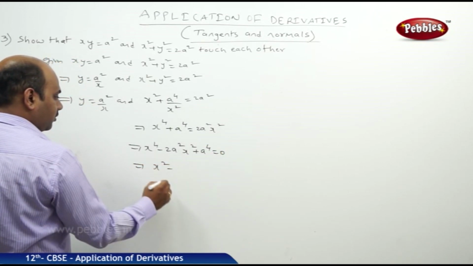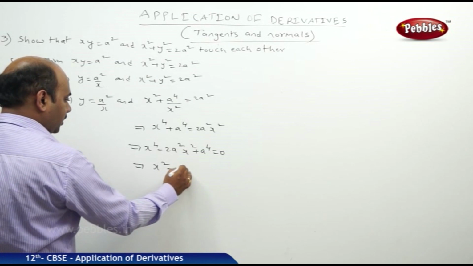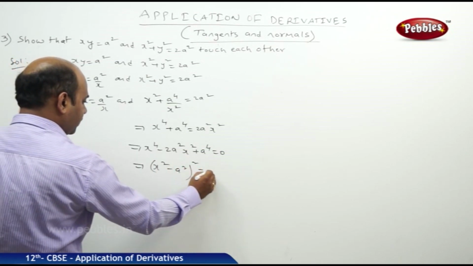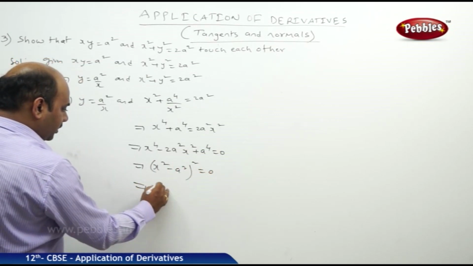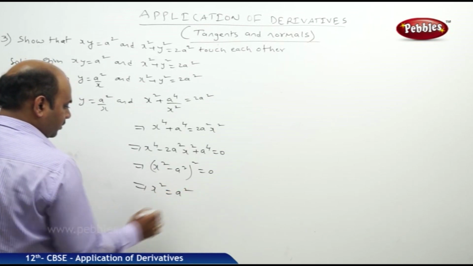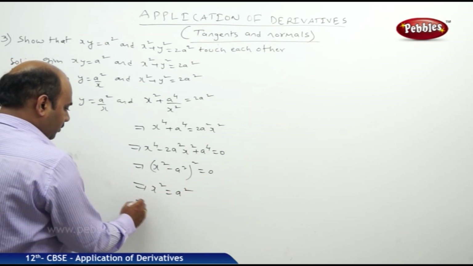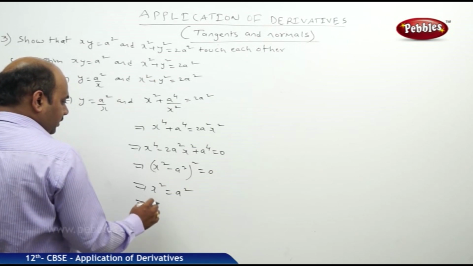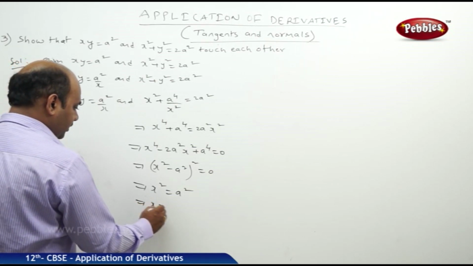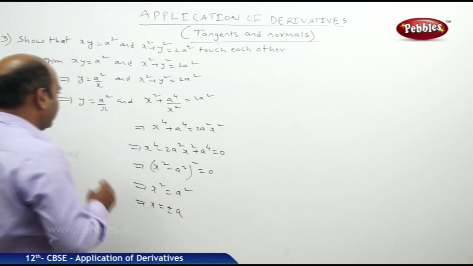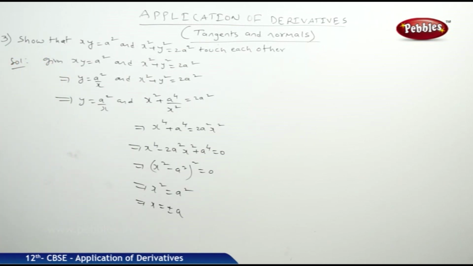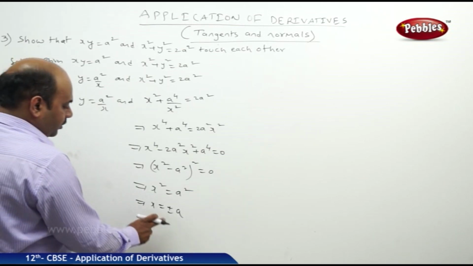So this turns down to x square minus a square, whole square, equal to 0. That means x square is equal to a square. So definitely I can write this as x is equal to plus or minus a. That means I got two values of x.